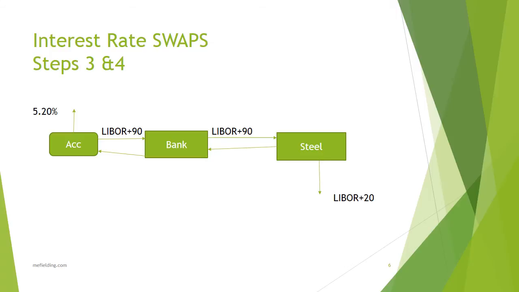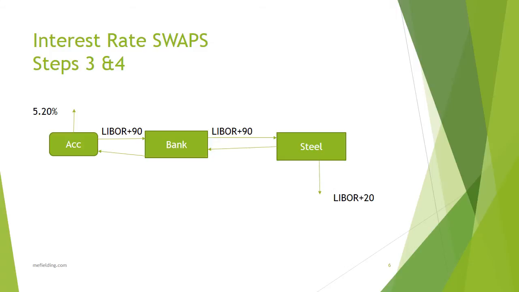Now we said what's going to happen is that the two organisations will go through this process, which is something approximating to paying each other's interest. Have a look on slide number 2. It tells us that if accounting had borrowed at floating rate, it would have paid LIBOR plus 90.